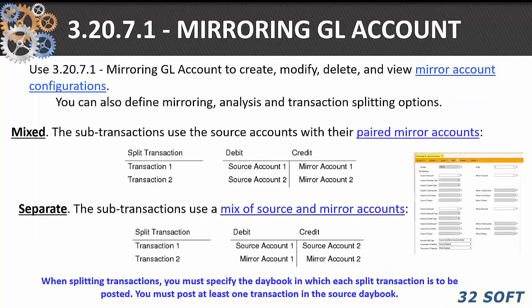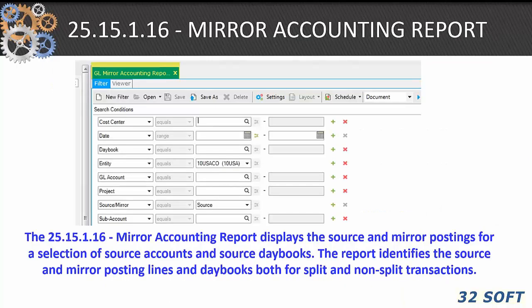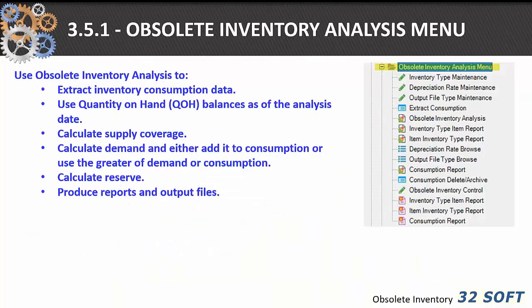And then in 3.20.7.1, you generate your mirror GL accounting, where you can set up the translations between your debit and credit accounts in source versus mirror, or you can set it up so you can mix those source versus mirror accounts. So it's an extremely flexible tool that you can use for that. And then you've got a mirror accounting report that you can run, and it gives you results of those.